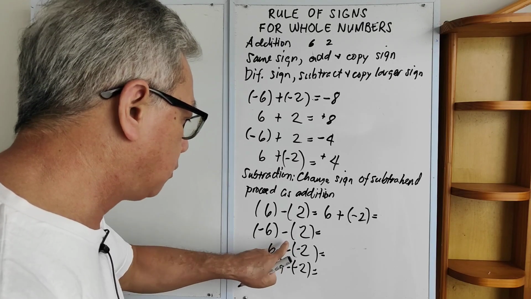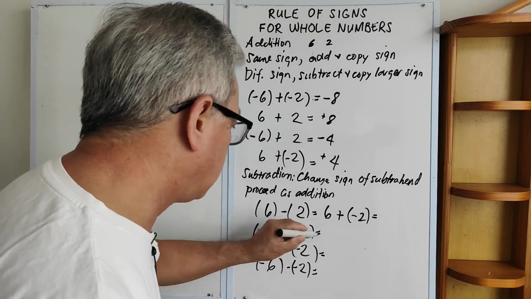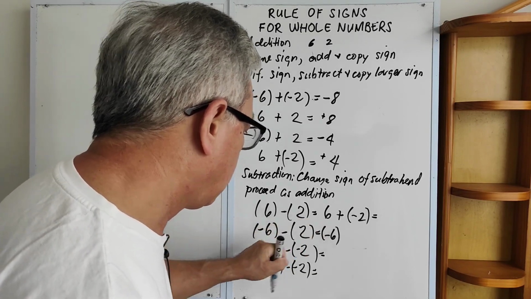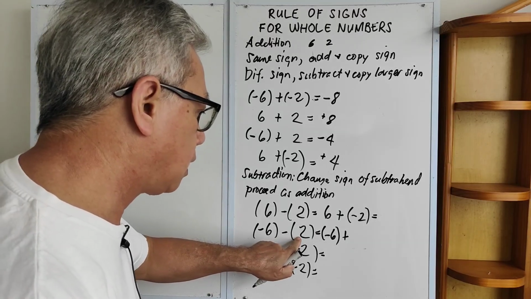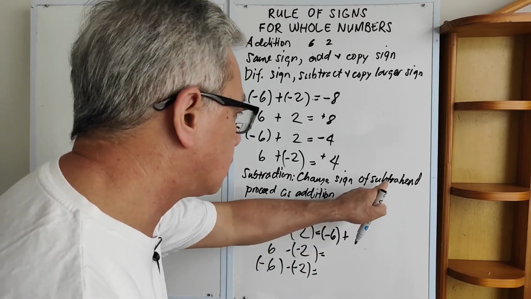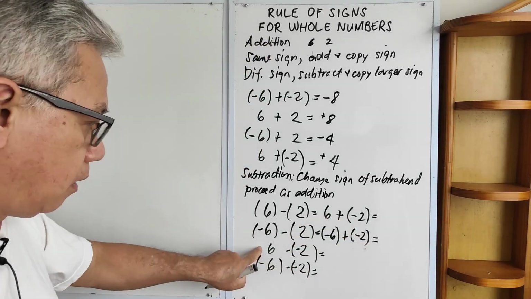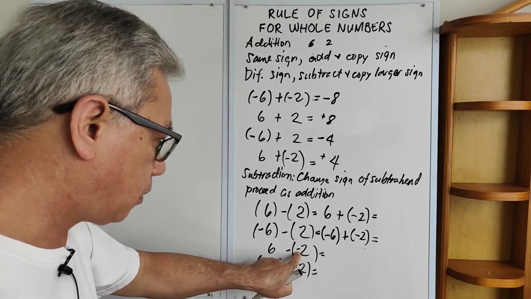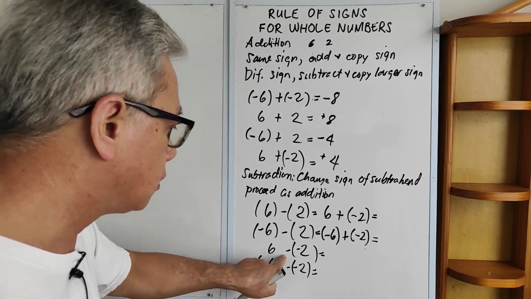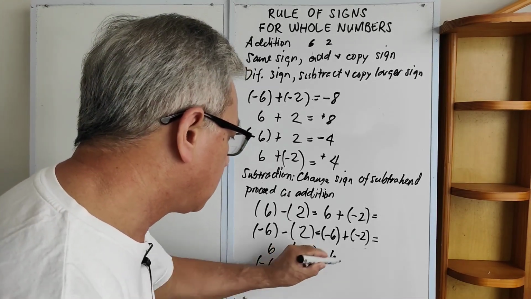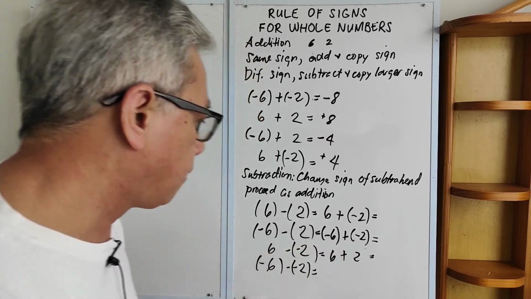It will become negative 2, and when we make this one addition, so negative 6 plus negative 2, because it's the subtrahend, the second one. In here, we will change negative into positive, and proceed as addition. So this becomes 6 plus positive 2.